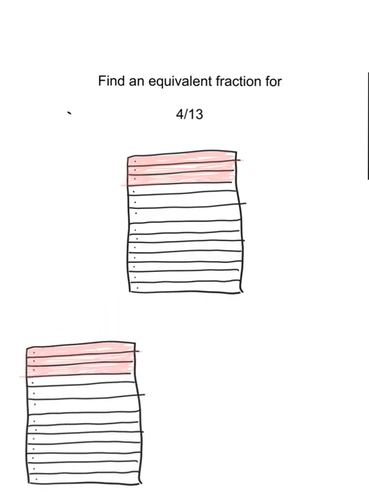So I'm just going to take each of these pieces and divide it in half, which is the same as taking 4 out of 13 and multiplying it times 2. I haven't changed the size of my whole. Like if I imagine that this whole is a pan of brownies, I still have the same total amount of brownies, but I just am changing the way I'm slicing up that pan of brownies. And so now I have 8 out of 26 pieces.